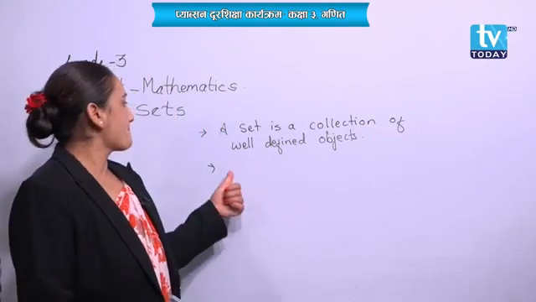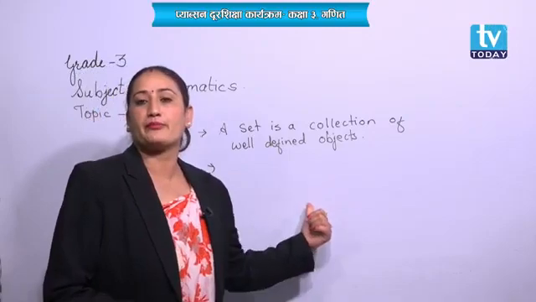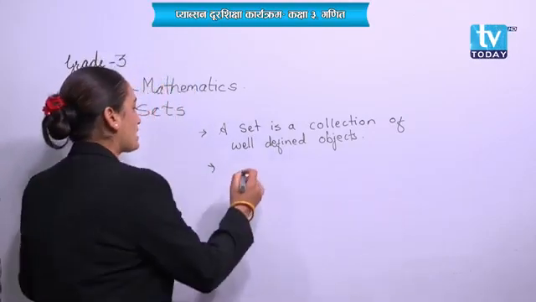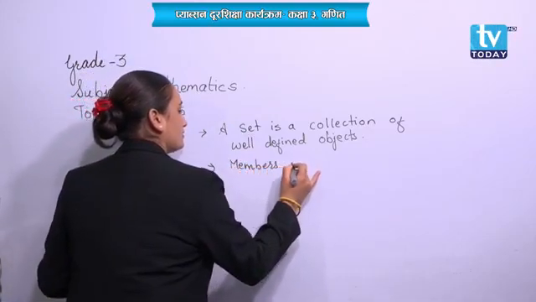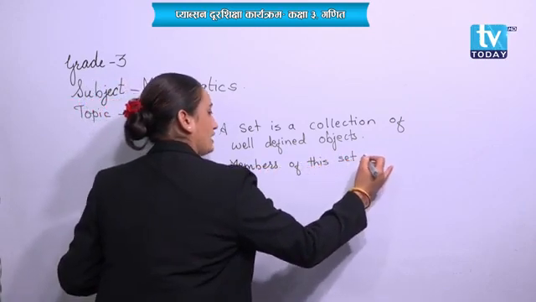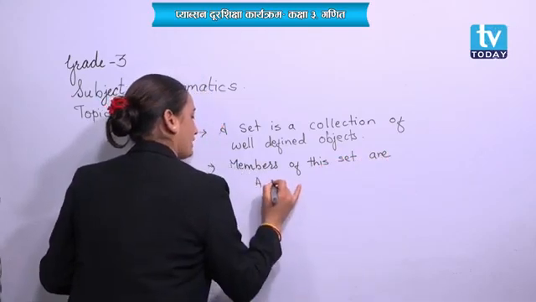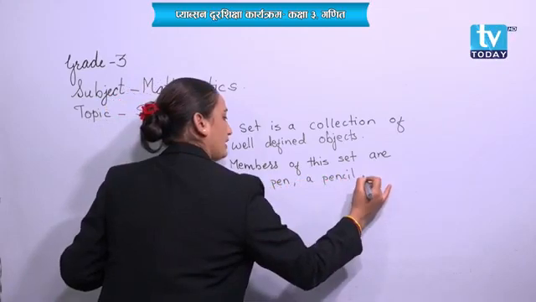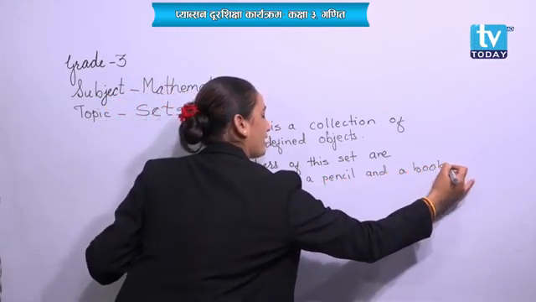Stationery objects mean now they are the members of the set, right? So, members of this set are a pen, a pencil and a book, right?